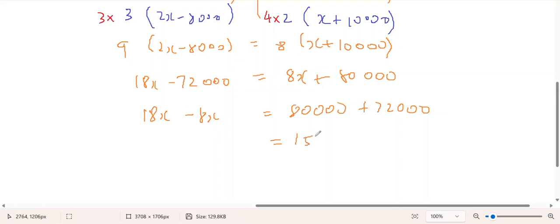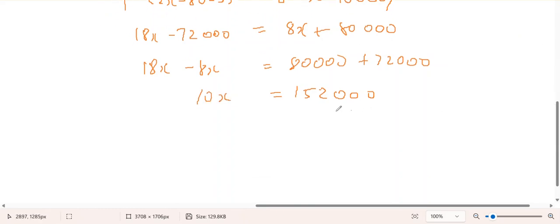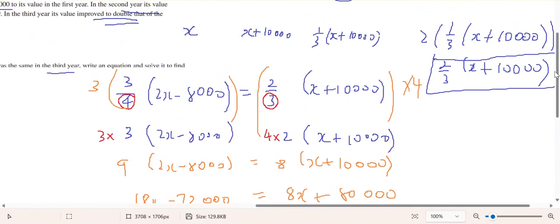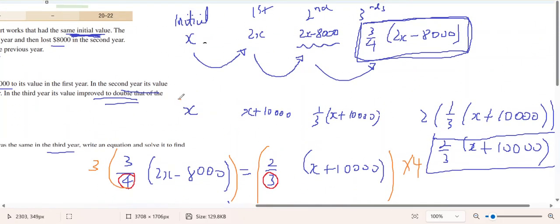That's 152,000 is what 10X is. And if I divide both sides by 10, X is 152,000 divided by 10, which is $15,200. So each of the artworks' initial value was $15,200 because we made X the initial value of each of the artworks.